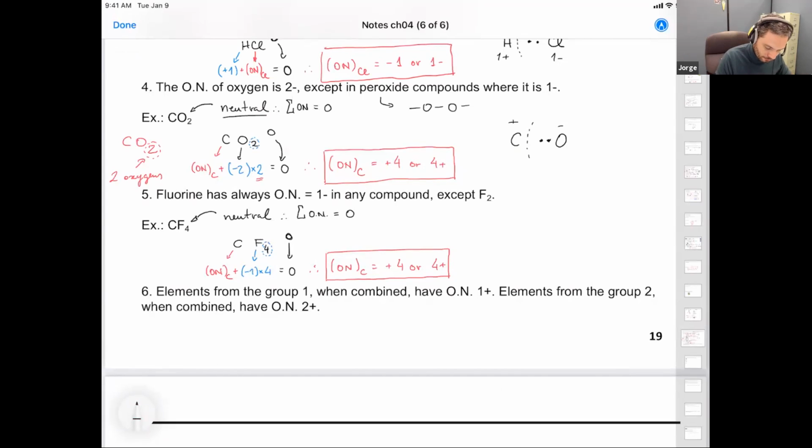And again, if we could take a picture of each chemical bond between carbon and fluorine, the electrons are going to be closer to the fluorine atom than the carbon atom. So that's the meaning of a negative oxidation number and a positive oxidation number.